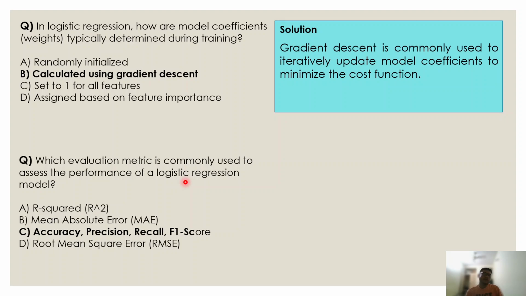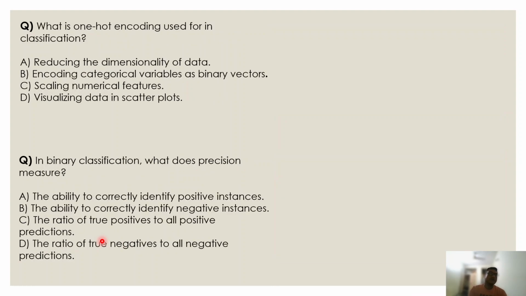For this, generally we utilize accuracy, precision, and recall or F1 score. R square, mean absolute error or RMSE are basically utilized for linear regression or regression kind of models.